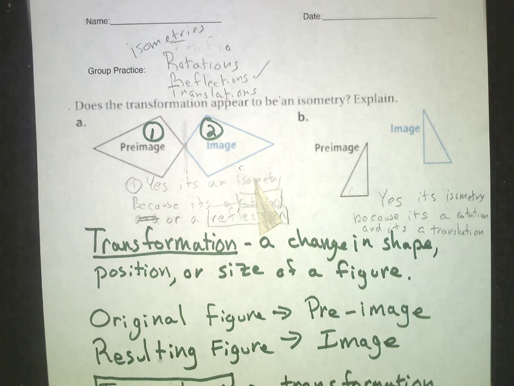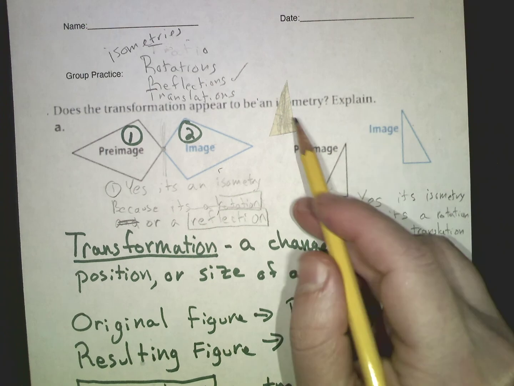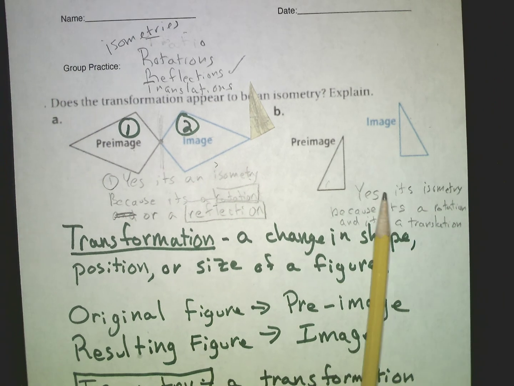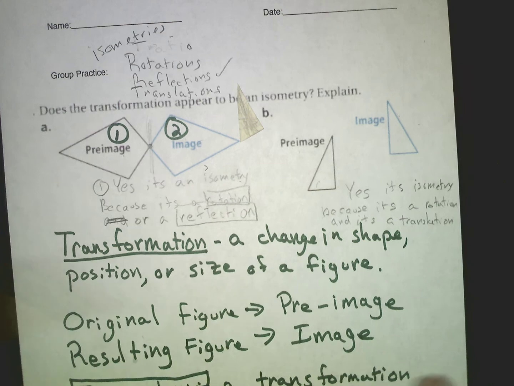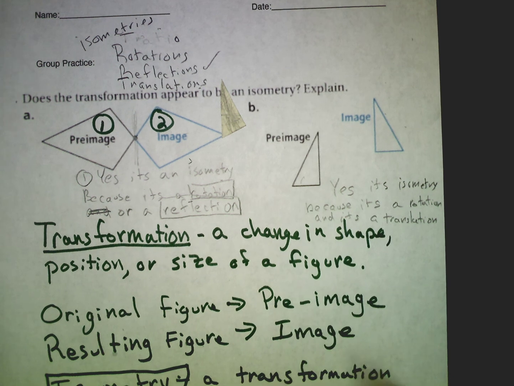Now, are there any other movements? Well, one of the things we're going to learn about is dilations. So it'd be like if I looked at this triangle, and then all of a sudden, well, let me zoom in. I zoomed it in by moving the paper, so don't get too confused here. I look at the pre-image. Look how it is, right there. And all of a sudden, I move it up. Oh my God, it's huge, right? Here, let's get close. It almost takes up the whole page.